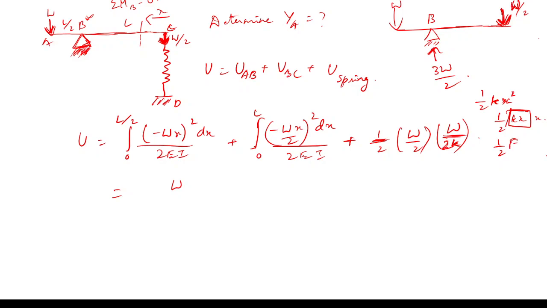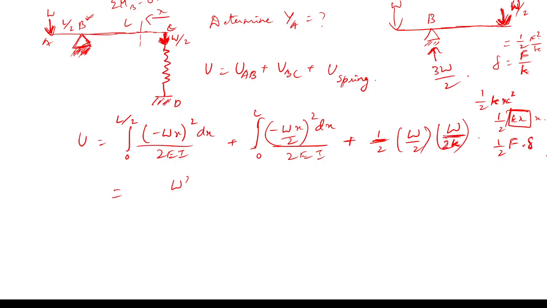So I am writing this as spring force F into the deflection, which I am writing as delta. This delta is nothing but F by K, which is the force divided by the stiffness. So it will become something like 1 by 2 into F square by K. So here F is W by 2. Understood now? Yes, sir.